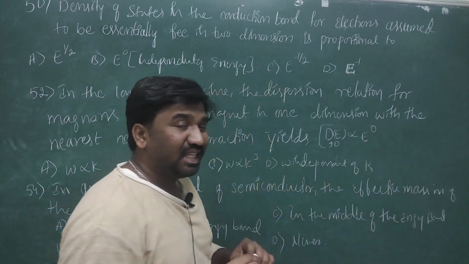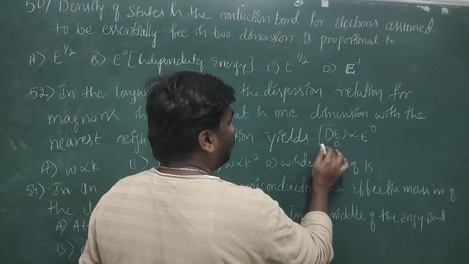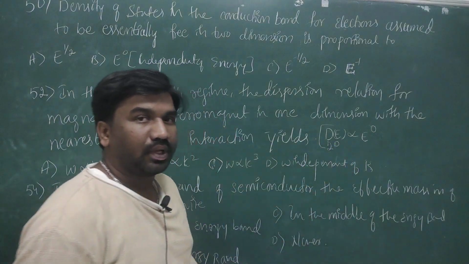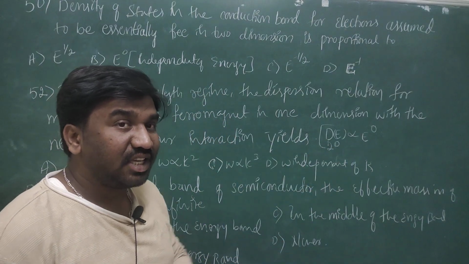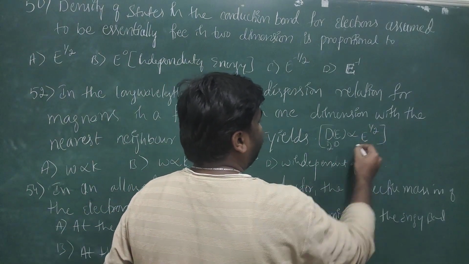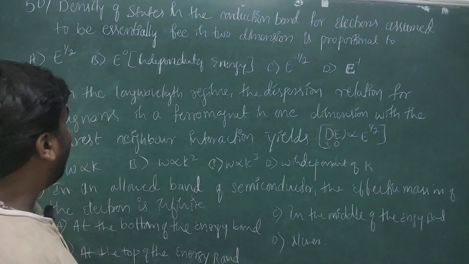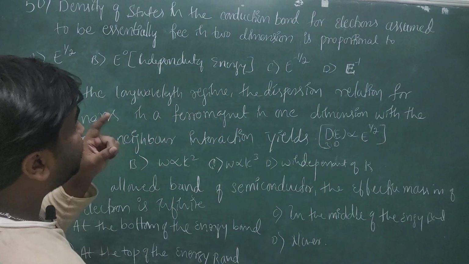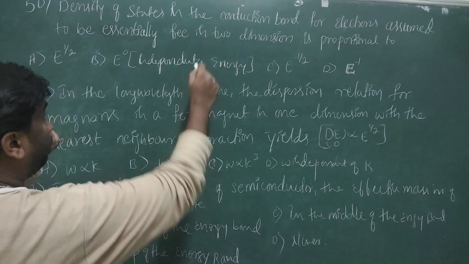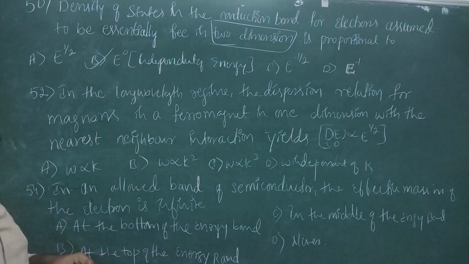That means it is independent of energy only for two dimension, and density of states is proportional to E power 1 by 2 for 3 dimension. So therefore the answer: density of states for a two dimension is proportional to E power 0.